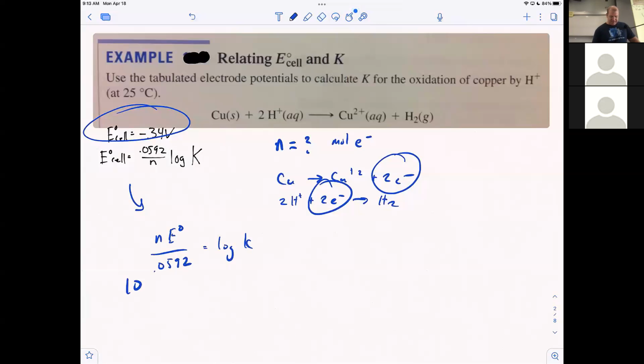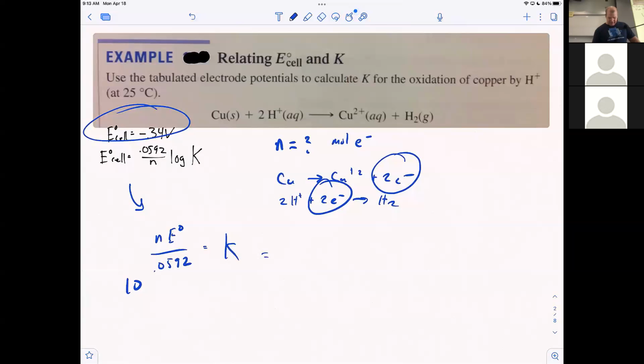And you can take 10 to both sides. So you take 10 to whatever, both sides. So K, look at my K, big K. Of course, my big Ks look like small Ks.